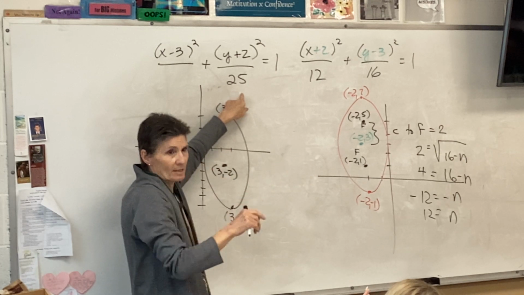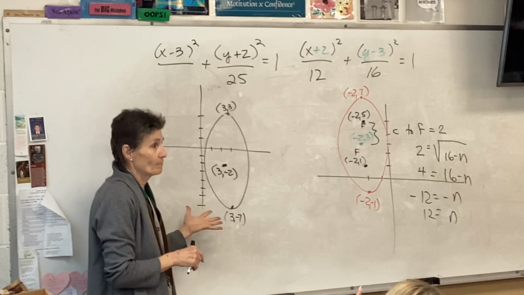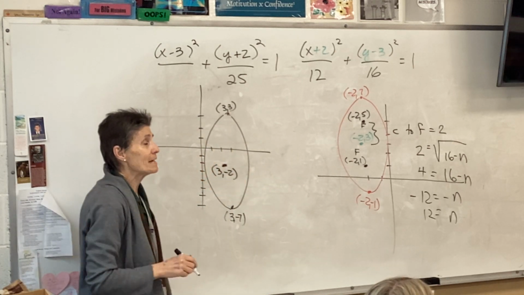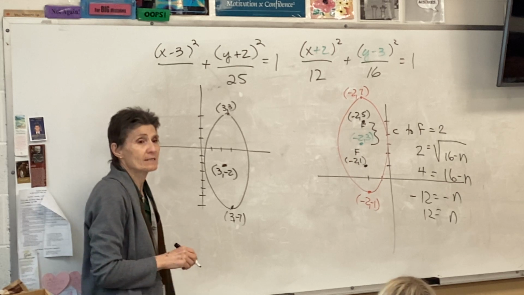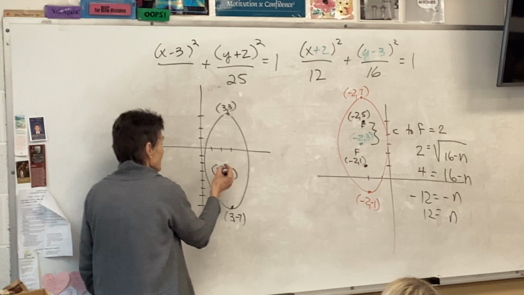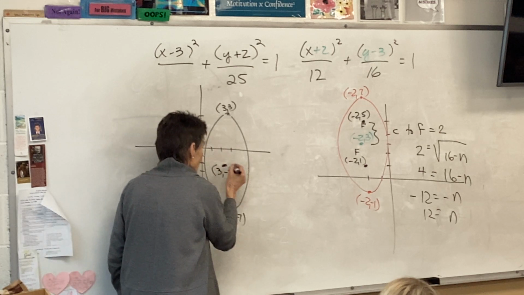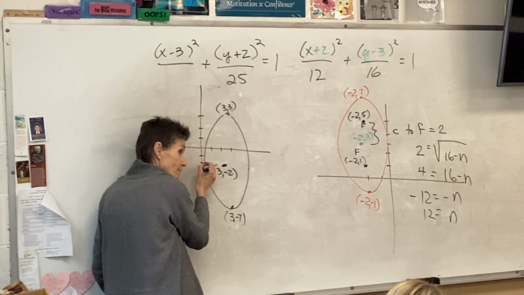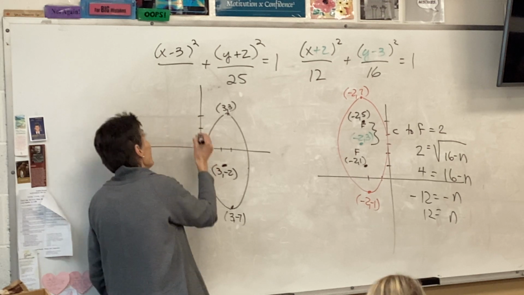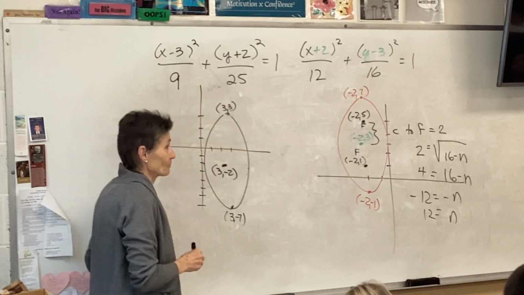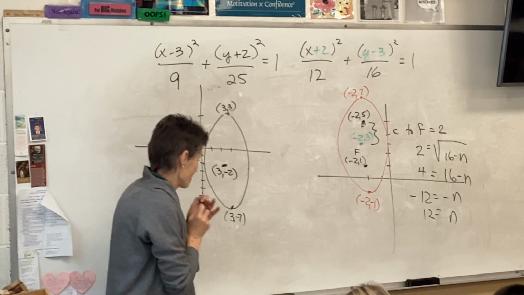Somebody said it gives us a lot. We're almost done. Thank you, Josh. Now, the minor axis is 6. Okay, so what does that mean? That means that from the center, I'm going to go 3 each way, which means under x has to be a 9.